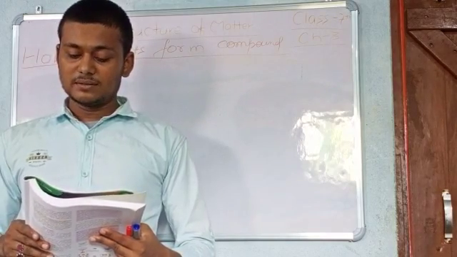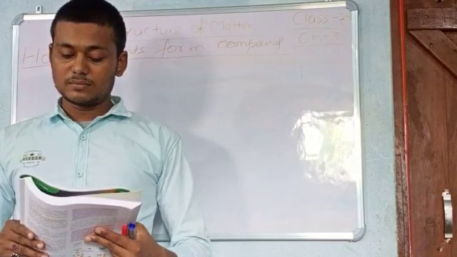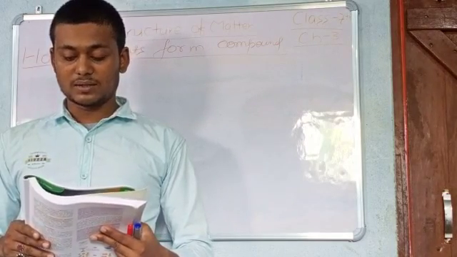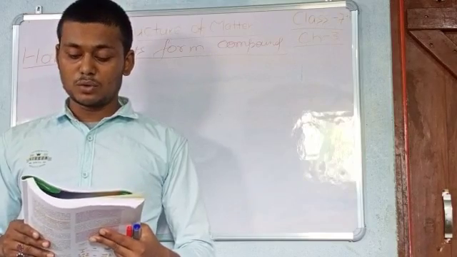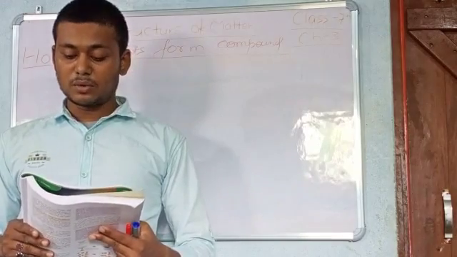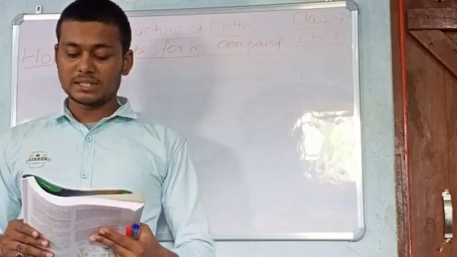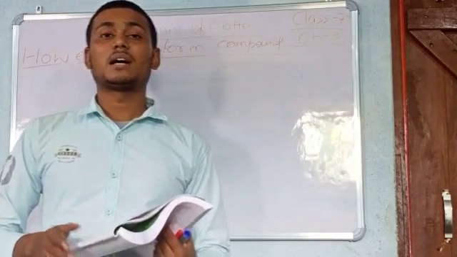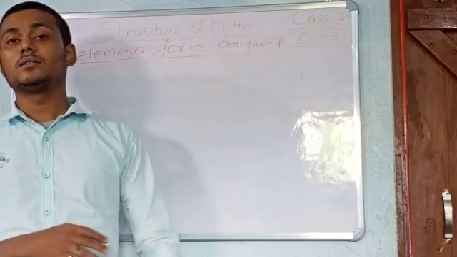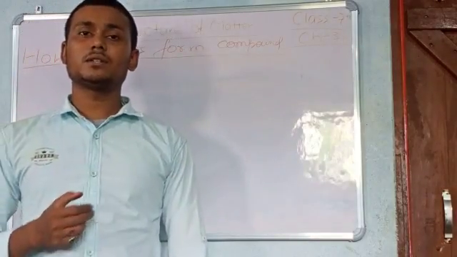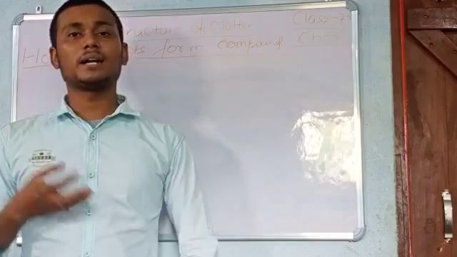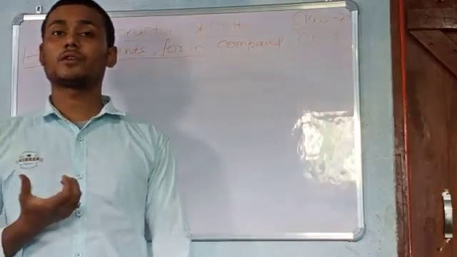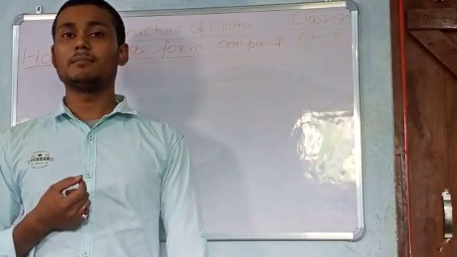Now we know that hydrogen and oxygen are combined together to form water, which is liquid. We also know that sodium and chlorine combine together and form salt. So these are the facts by which two elements combine with each other to make a compound, and this compound is different from both elements.